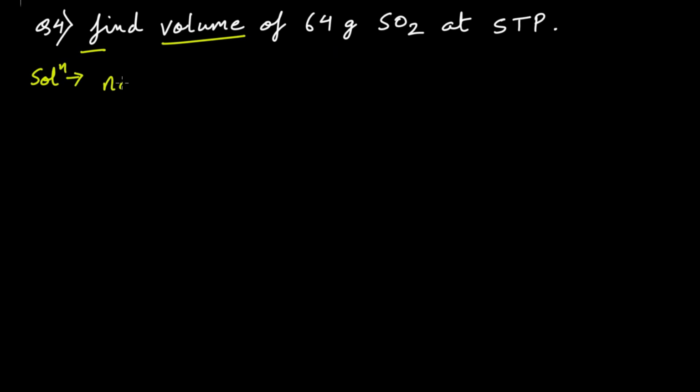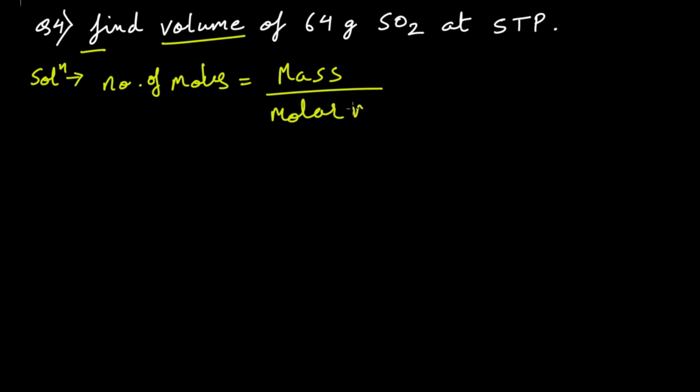Number of moles is equal to mass upon molar mass, right? Now mass is 64. Now molar mass of sulfur is equal to 32, and molar mass of oxygen is equal to 16.